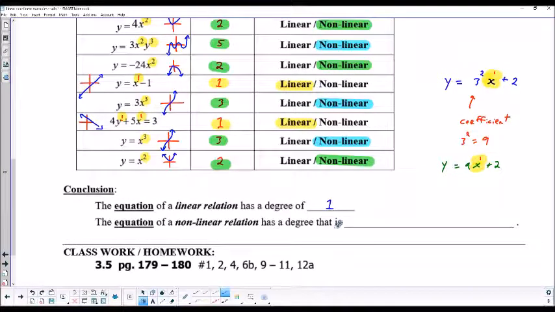Equations of linear relations have a degree of 1, so the exponent is 1 on the variables. That's the highest exponent it can have on any variable. And nonlinear is a degree that is not 1. Okay, so it could even be negative.